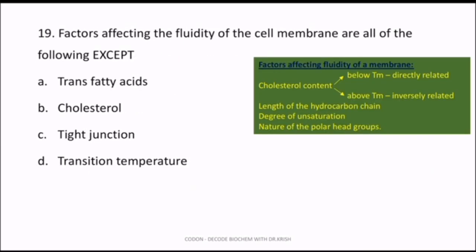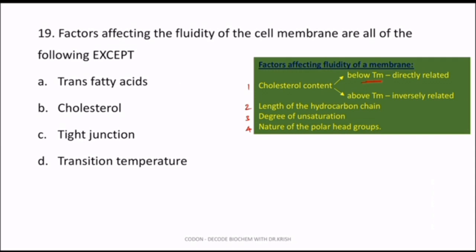Factors affecting the fluidity of cell membrane are all except. These are the 4 factors which affect the fluidity of cell membrane: cholesterol content, length of hydrocarbon chain, degree of unsaturation, and nature of polar head group. Cholesterol content is also affected by transition temperature. When the temperature is below the transition temperature, cholesterol content is directly related to the fluidity.